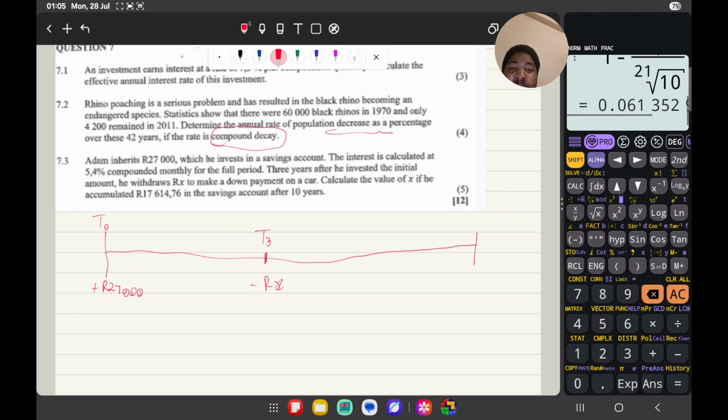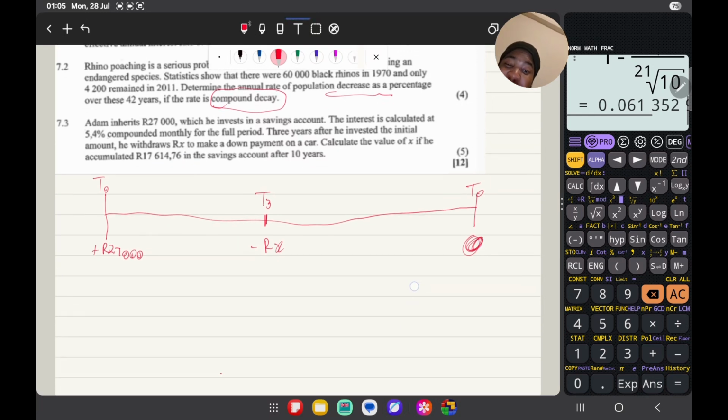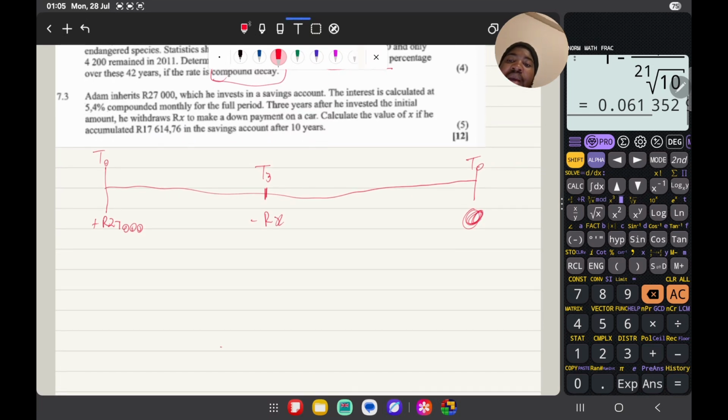Nothing about the car has been said afterwards. Calculate the value of X if he accumulated this much. So now this is T10, where he ended up with this much money in that savings account after 10 years.